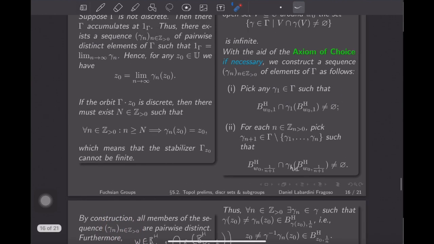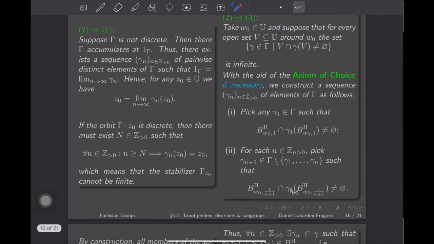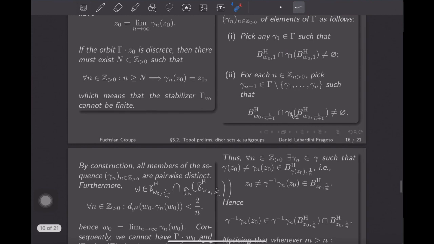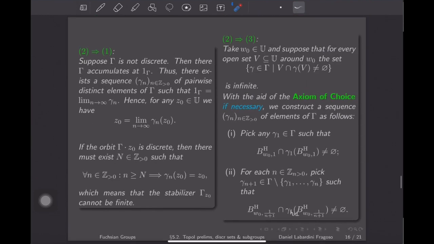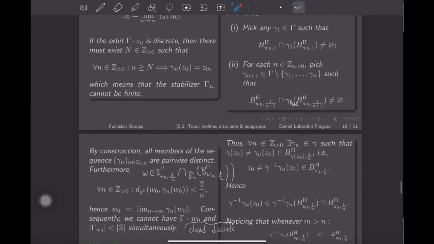And of course, this is not a course on set theory, but in order to do that simultaneously, I need the axiom of choice. But okay.